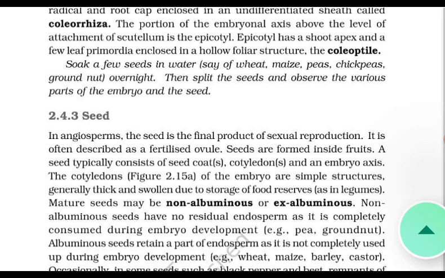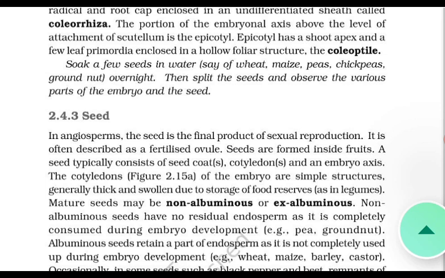The other male gamete moves towards the two polar nuclei located in the central cell and fuses with them to produce a triploid primary endosperm nucleus, that is PEN. As this involves the fusion of three haploid nuclei, it is termed as triple fusion.